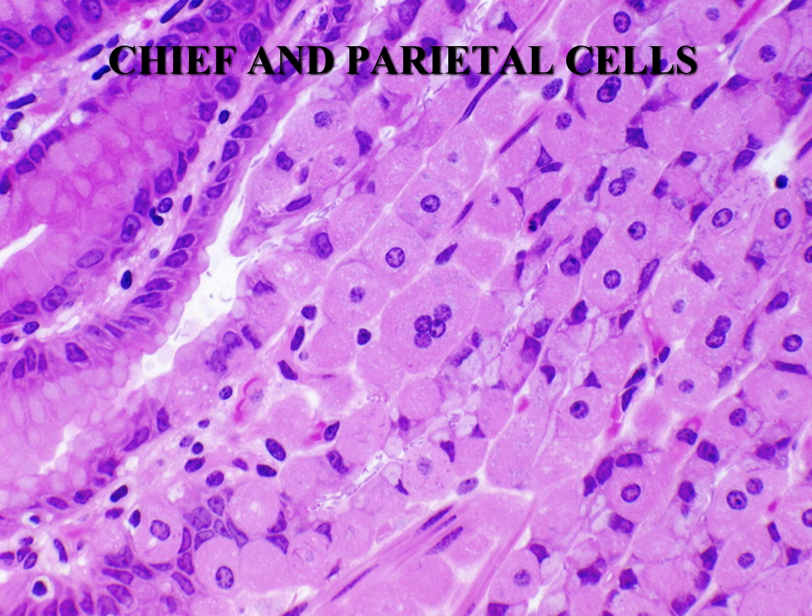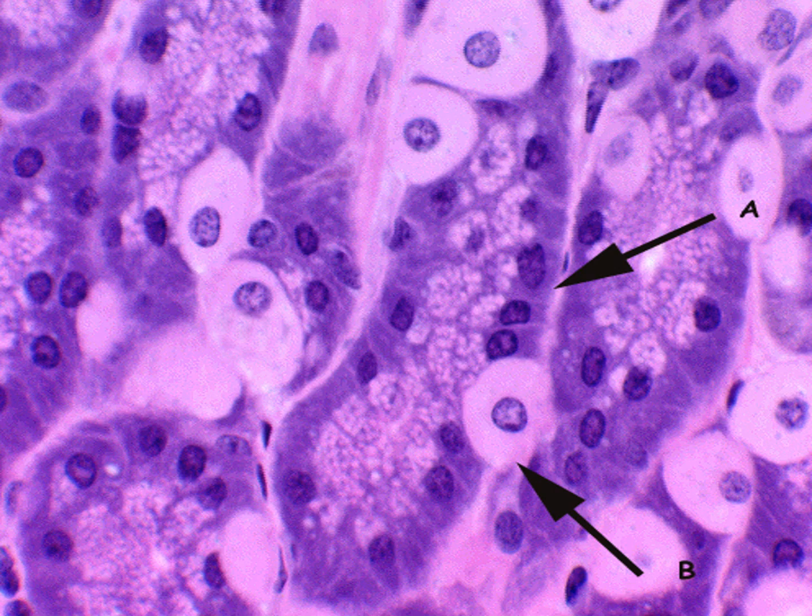So we can easily differentiate the pyloric and cardiac region from the area of the fundic, because in the fundic we have the chief and we have the parietal cells. However, in the area of the cardiac and pyloric region, there are no chief and parietal cells.